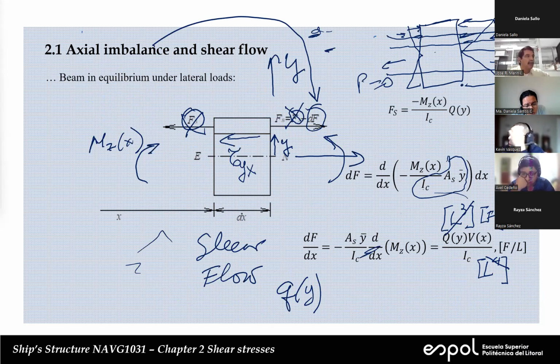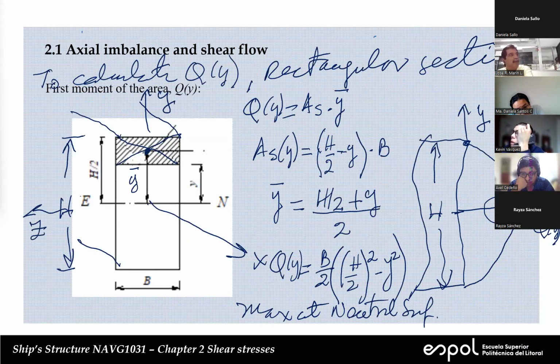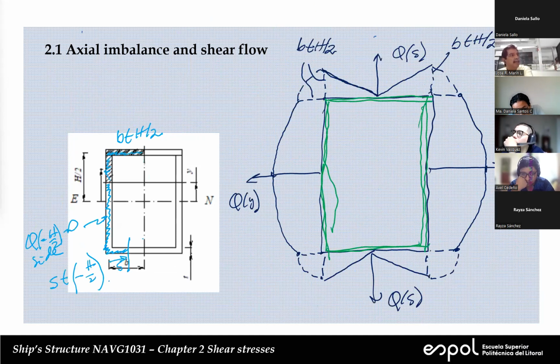So when we integrate all of these, then the answer should be 0. So when we evaluate this case, we integrate all of this, the left section from here, up to here. We make it very close here. All of this integration has to be 0.